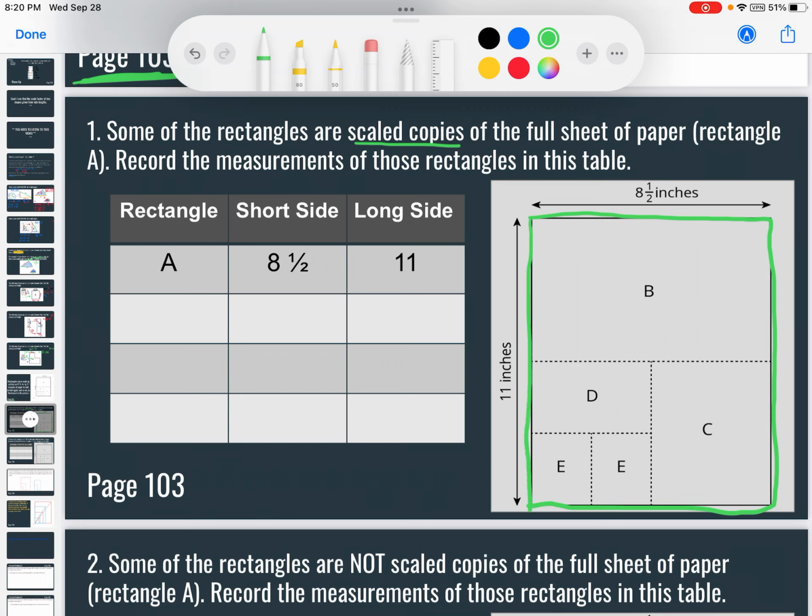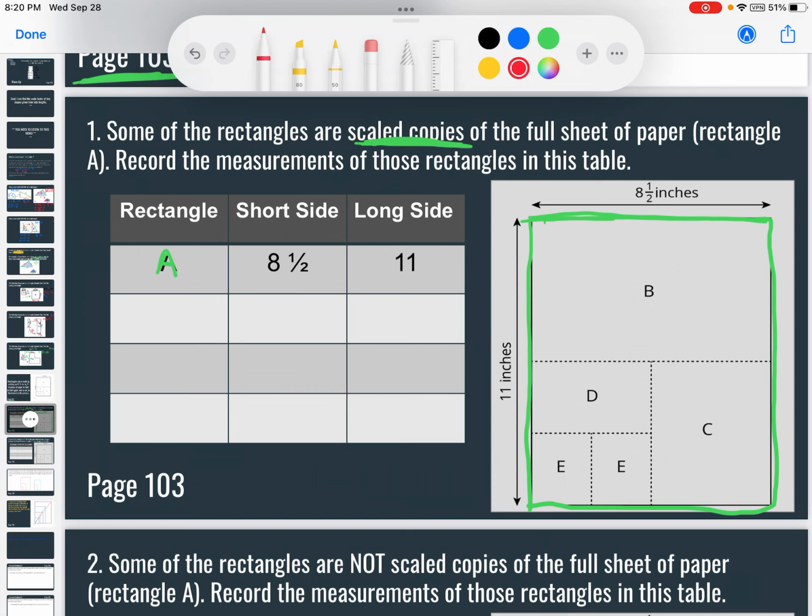So that green one is rectangle A. Maybe I'll trace A in green so we know that A is the green rectangle there, that big one. The short side is 8.5 inches, this side up here, and the long side is 11 inches. And remember, in order for something to be a scaled copy, you need to do the same thing to both sides. So we need to figure out which ones are scaled copies of A.